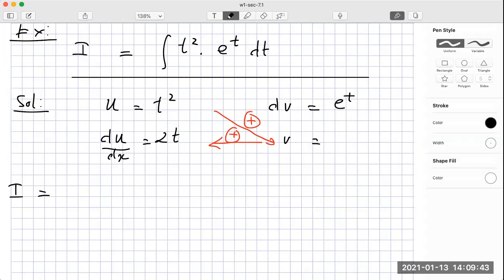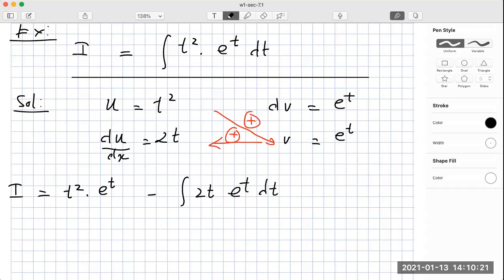What is the antiderivative of dv? Yes, e to the t. So integration by parts, uv, which will be t squared times e to the t, and minus the integral of 2t times e to the t dt.